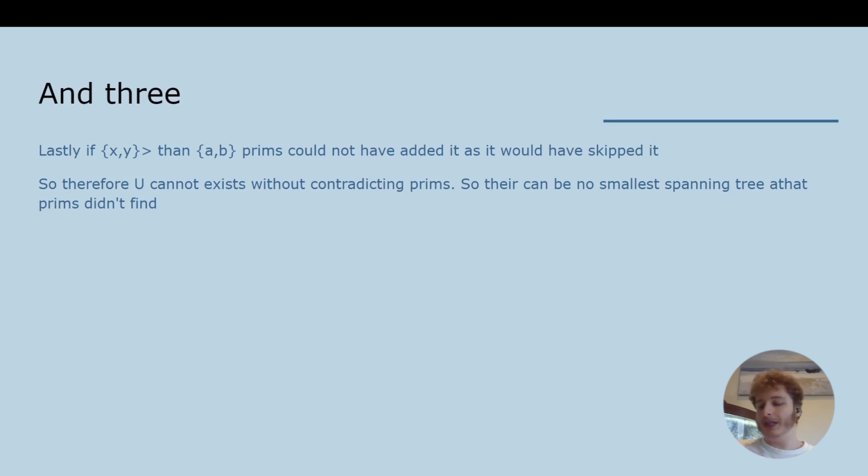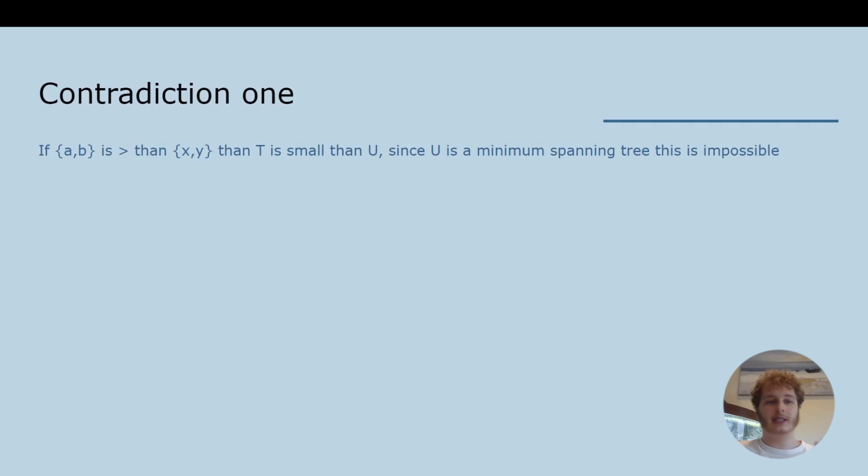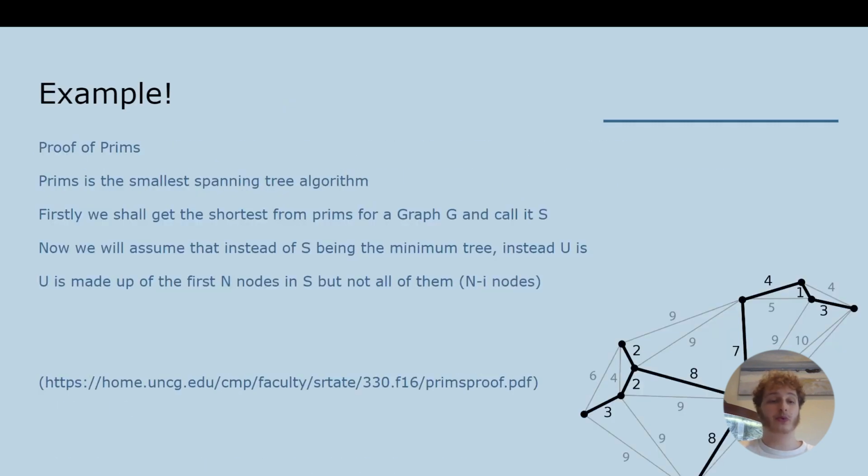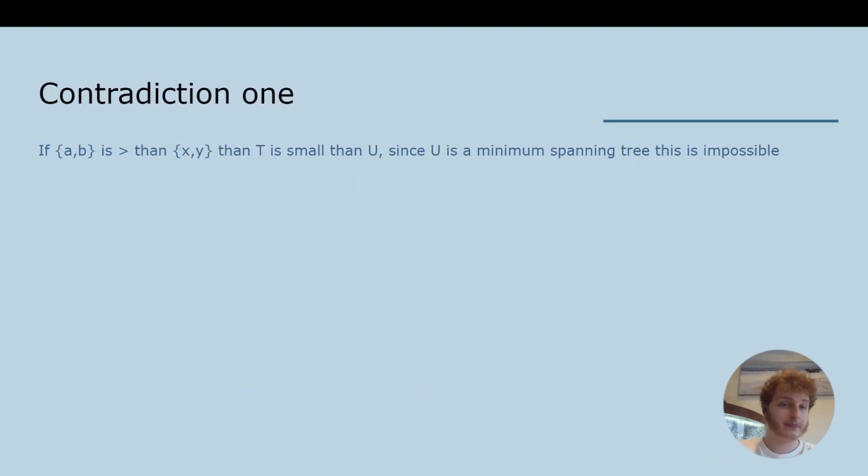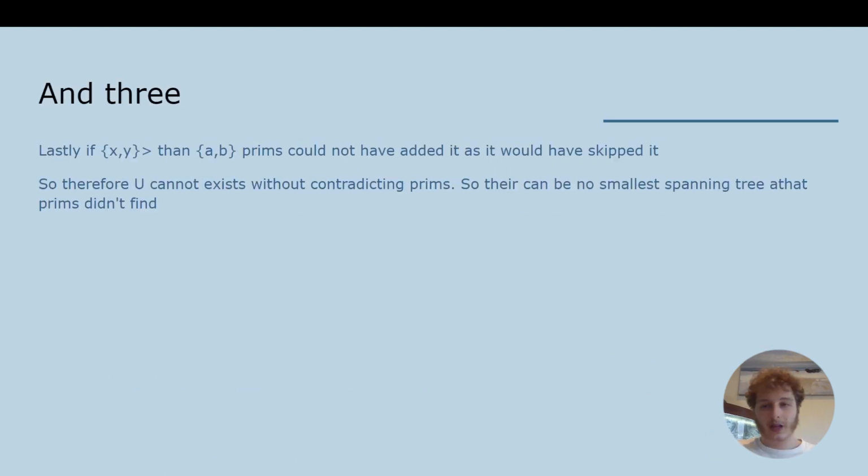We're assuming that Prim's is running smoothly, and we know how Prim's would have worked. I probably should have included some pseudocode on Prim's, and we know there is no way that Prim's could have added X to Y if it didn't consider A to B. So I recommend relooking through Prim's, but just know that if X to Y was greater than A to B, then it wouldn't have been added, it would have been skipped.